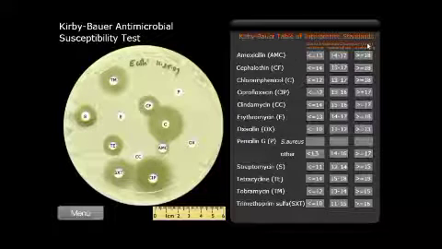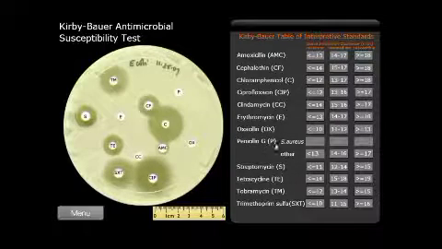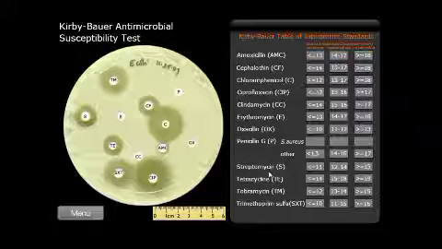And here are the antibiotics, which are amoxicillin AMC, cephalothin CF, chloramphenicol C, ciprofloxacin CIP, clindamycin CC, erythromycin E, oxacillin OX, penicillin G P, streptomycin S, tetracycline TE, tobramycin TM, and lastly trimethoprim-sulfa, whose acronym is SXT.